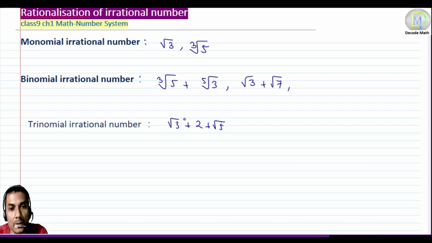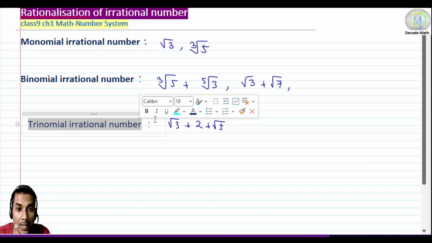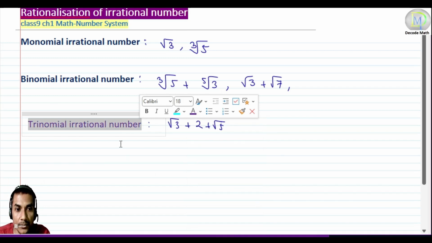That is the reason this entire expression is an irrational number, but having three terms, that is the importance. If there are three terms and the entire expression is an irrational number, then you can say it is the trinomial irrational number. Clear? Okay.